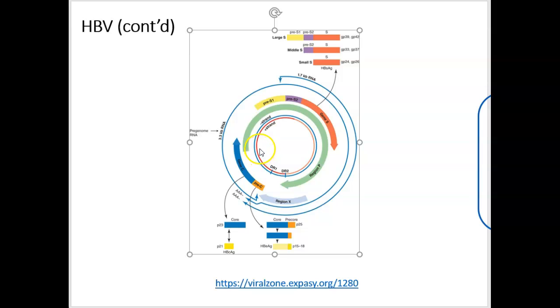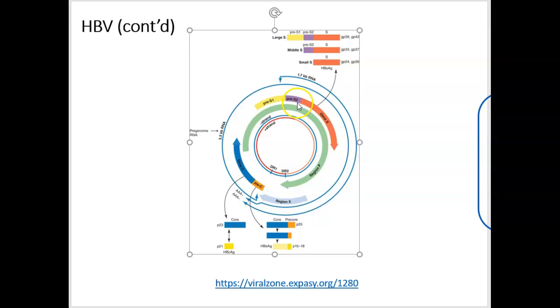Now, the first thing the virus has to do once it reaches the nucleus is it's got to repair its genome. So it's got to make a proper double-stranded genome, and then it forms an episome, or a covalently closed circular DNA that's actually really, really stable in the nucleus, and that contributes to the chronic long-term infection.